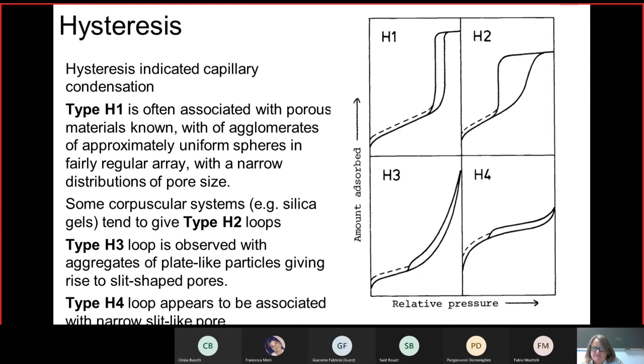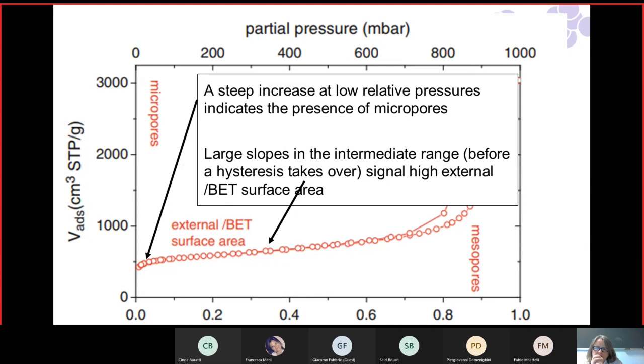So let's go back to the silica aerogel isotherm plot. Again, volume versus pressure. And so let's look at this area here. If it's steep in here, it means you have micropores. Okay, so this is not very steep, it's a little bit steep.